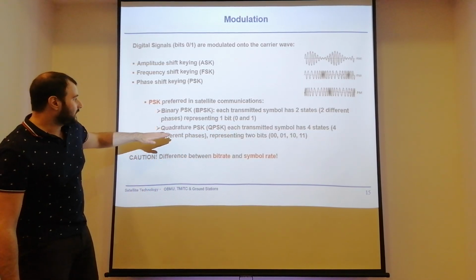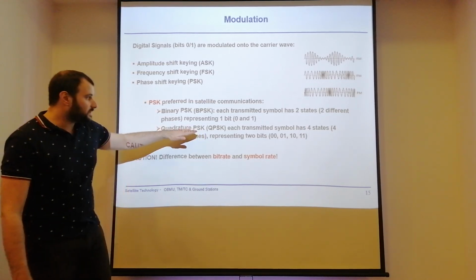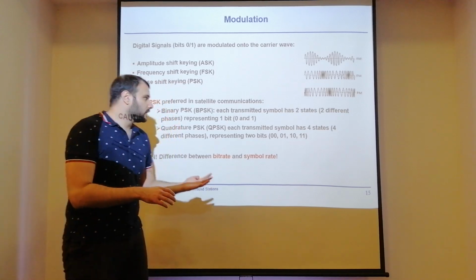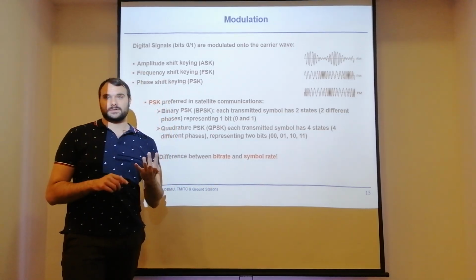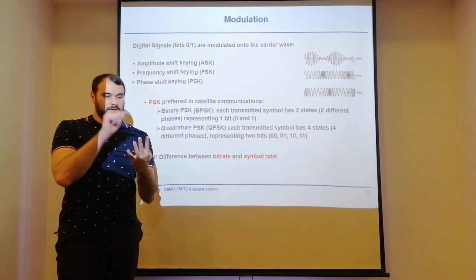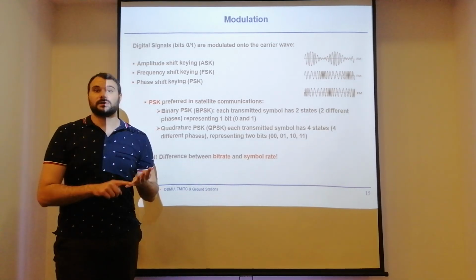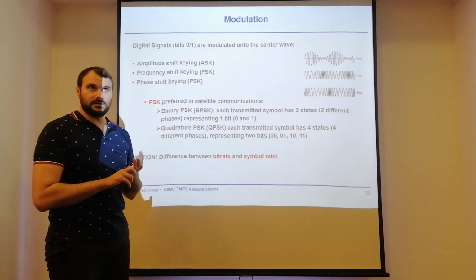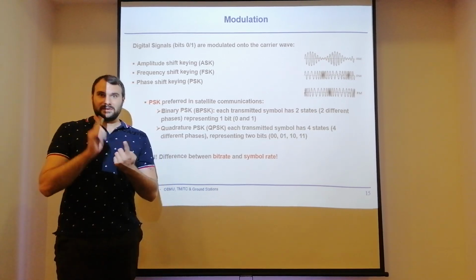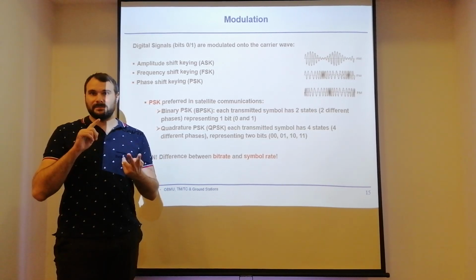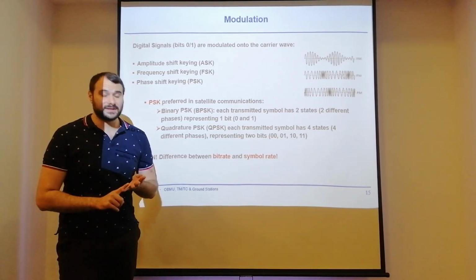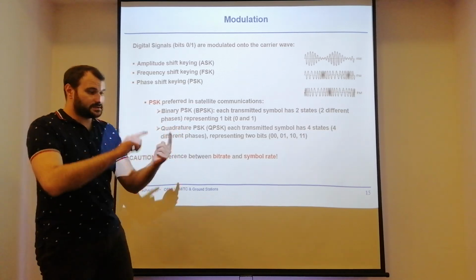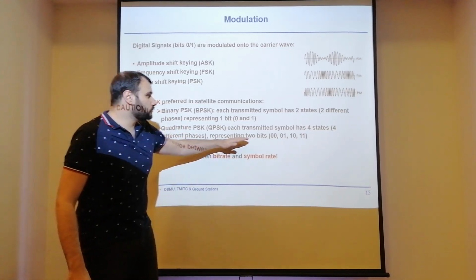If you go higher, like quadrature PSK, QPSK, each transmitted symbol has 4 states. So now we have 4 different phases. Let's say 0, 45, 90, and 270. 90, and that's not correct. 0, 90, 180, and 270 degrees as a phase shift. And each of these phases represents now 2 bits.